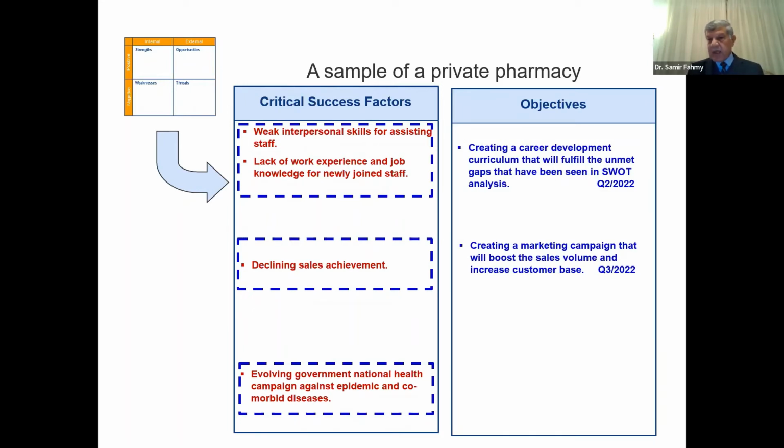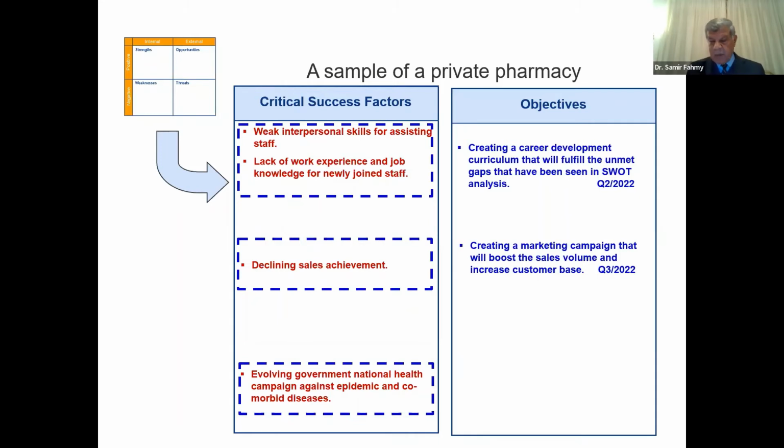Another example, declining sales achievement. Then you think about the objective: creating a marketing campaign that will boost the sales volume and increase the customer base, reaching different customer specialties, discovering which level of coverage and frequency we are currently achieving, and how we can increase this level of coverage and frequency.